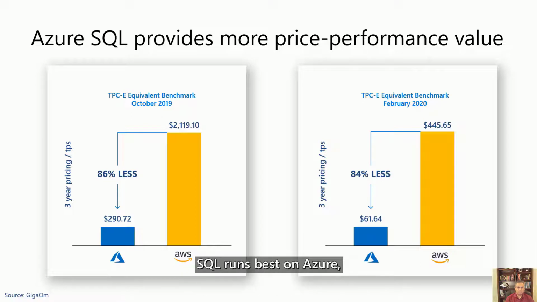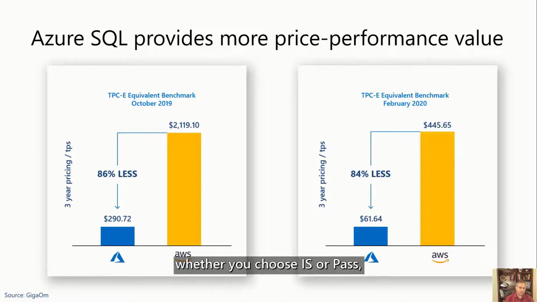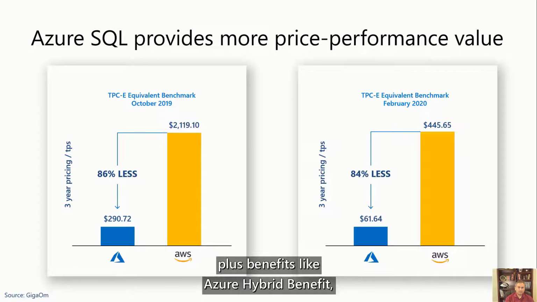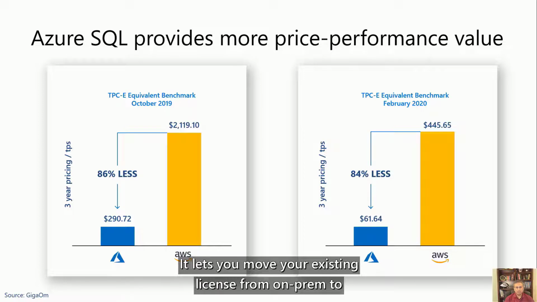SQL runs best on Azure, and for price performance savings, you get more than 86% with 3-year reserved instances, whether you choose IaaS or PaaS. Plus benefits like Azure Hybrid Benefit, which is unique to Azure, let you move your existing license from on-prem to cloud and get the full price benefits as well.